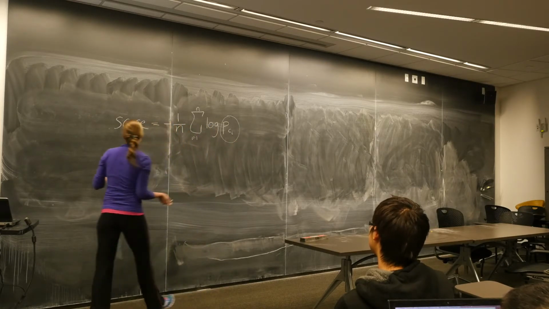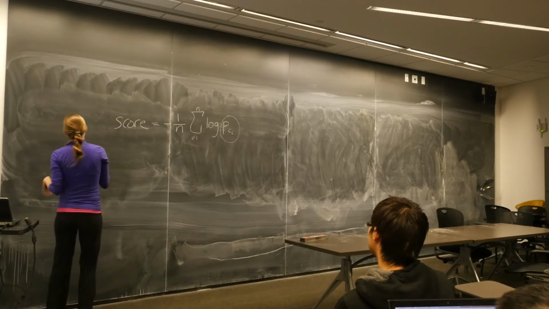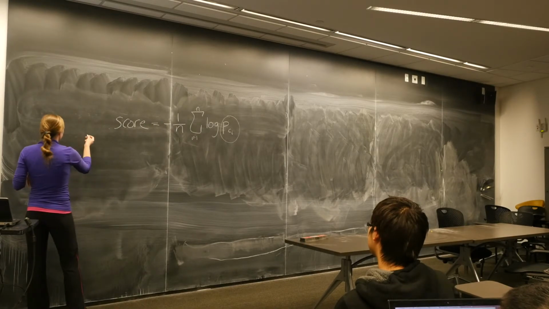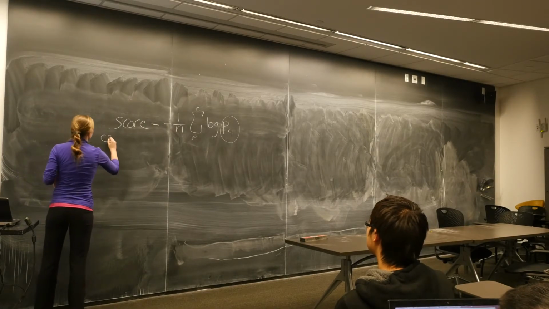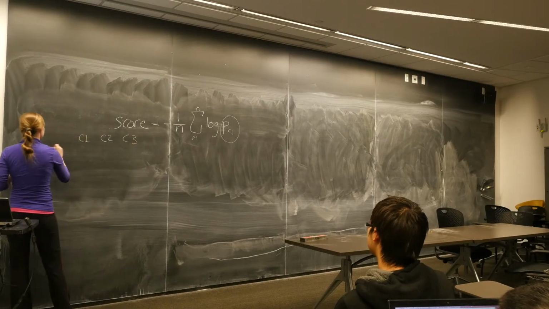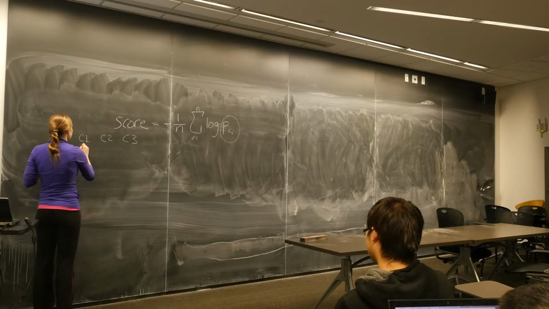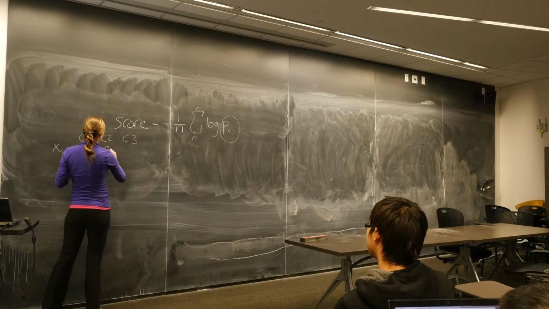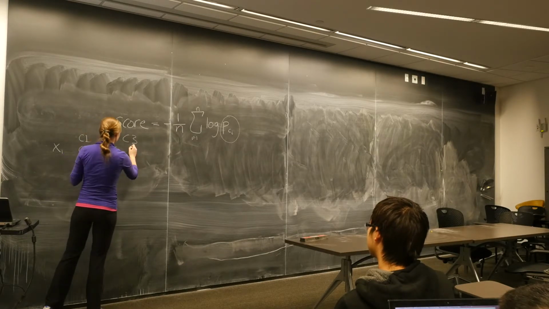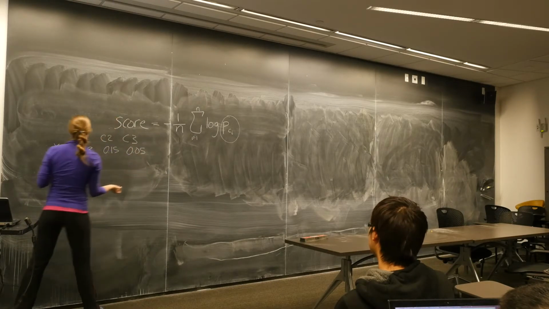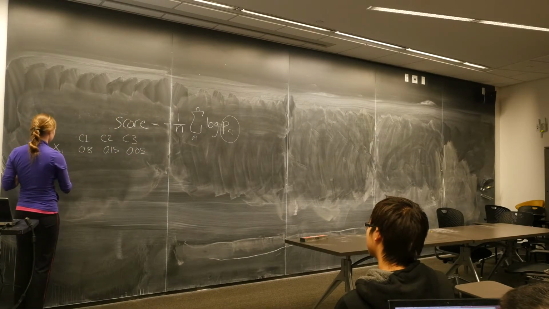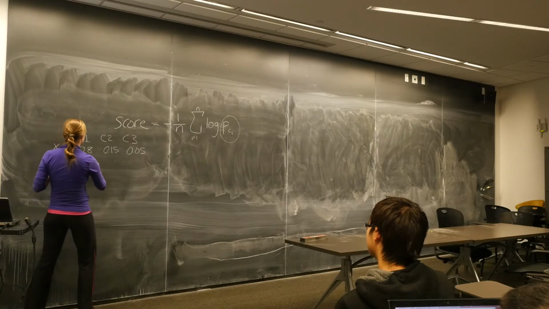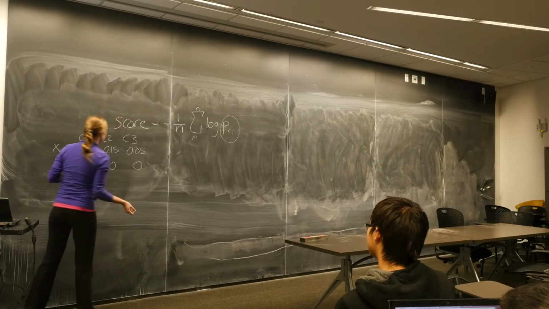So say, for example, we have just 3 points and 3 classes: class 1, class 2, class 3. For your first test point, you say there's 80% probability it's class 1, 15% probability class 2, 5% probability class 3. For your second point, you say 100% probability class 1, and so 0% for the other ones.